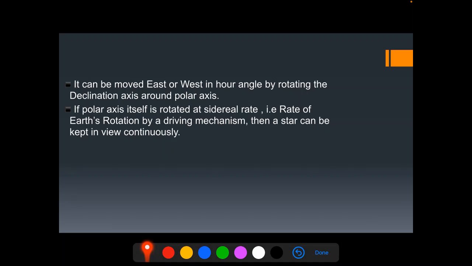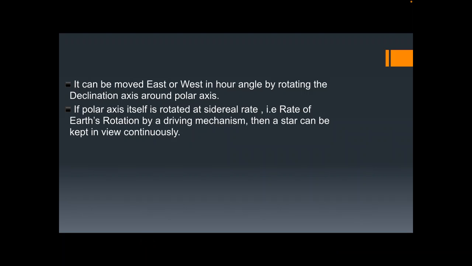So if the rate of rotating the telescope around the polar axis is matched with the sidereal rate of the Earth's rotation, a star can be kept in view continuously. If you have pointed towards a particular star, that star will be in focus continuously.